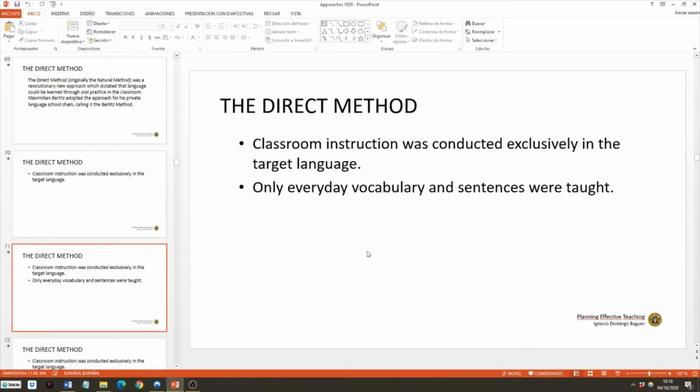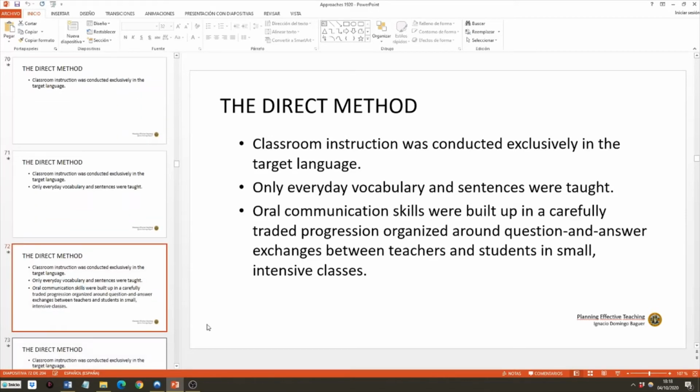Well, classroom instruction is conducted exclusively in the target language, so no L1 is allowed. Vocabulary and language structures and forms are systematically selected and graded from the simplest to the more complex, and from the most common in everyday use to the language used in less common situations.